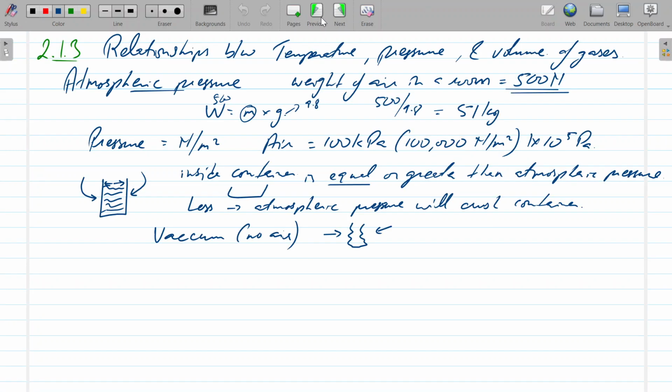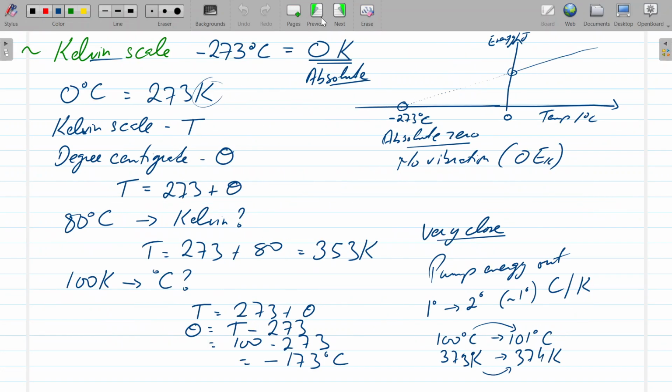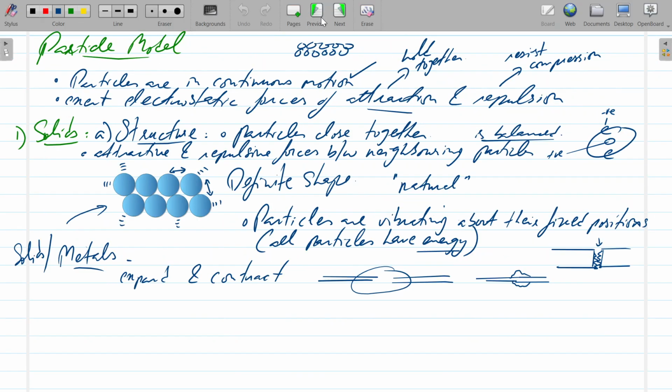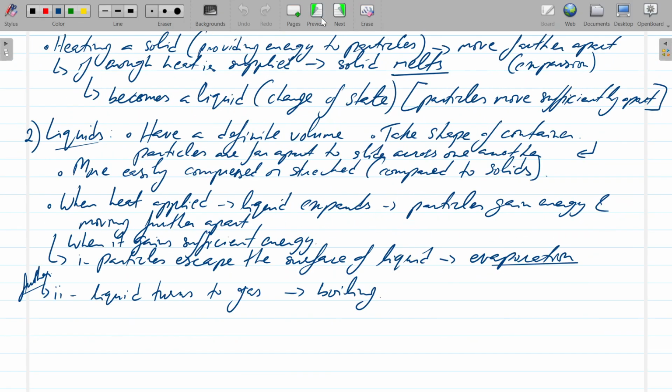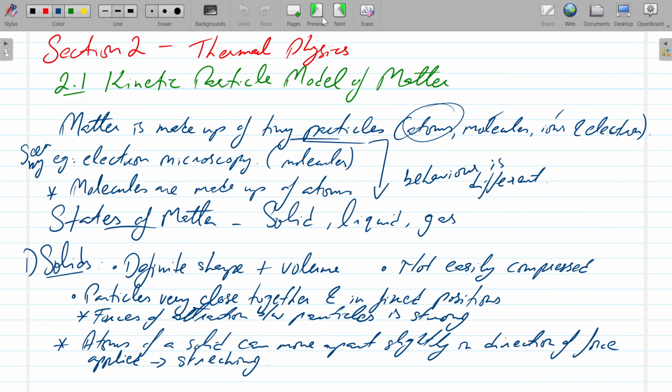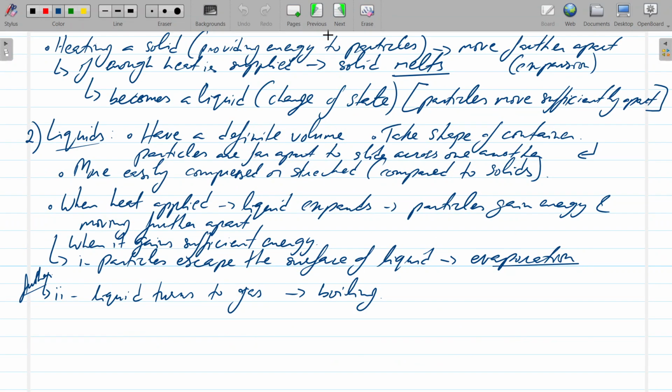So the last time, well, before last time, we started with thermal physics, talking about the kinetic particle model of matter. We talked about solids having a definite shape and volume.